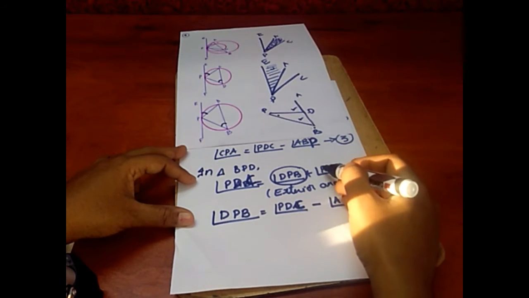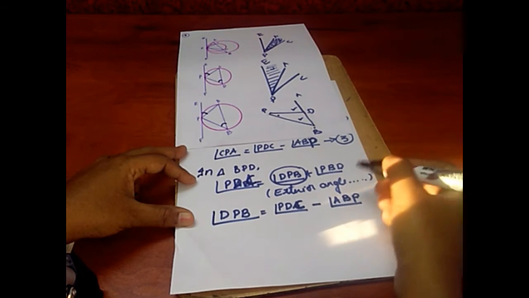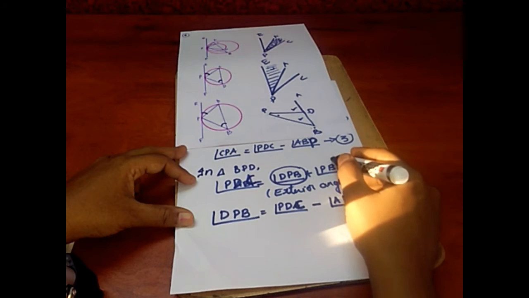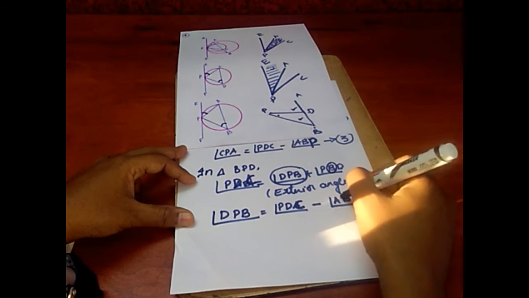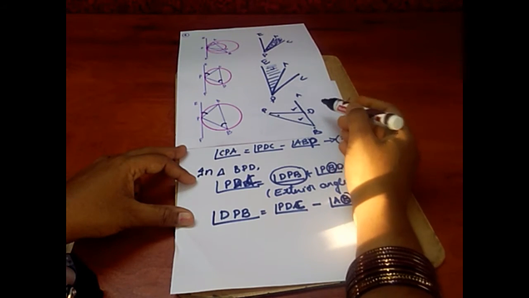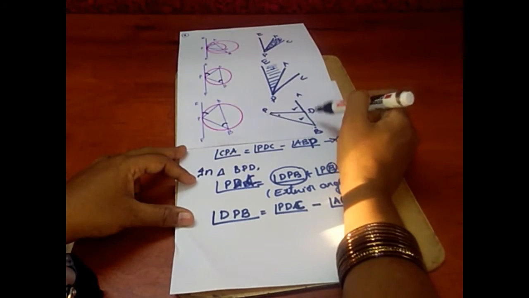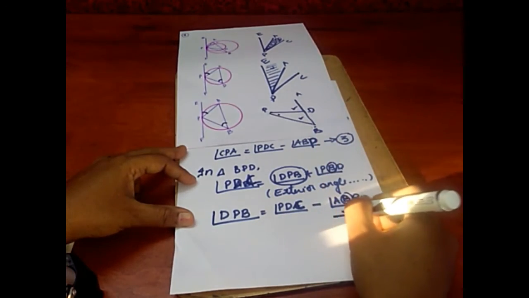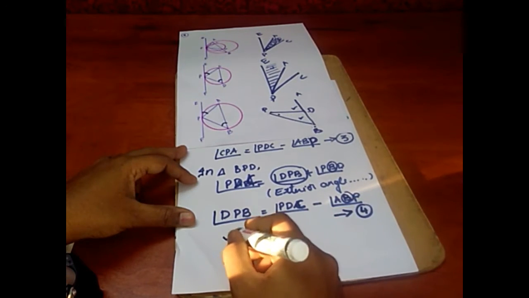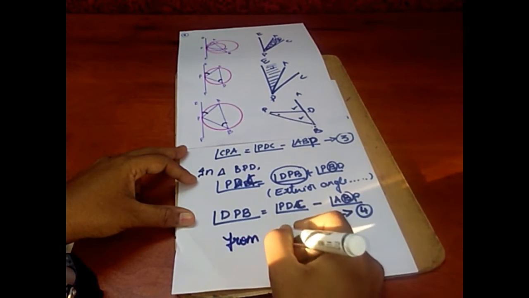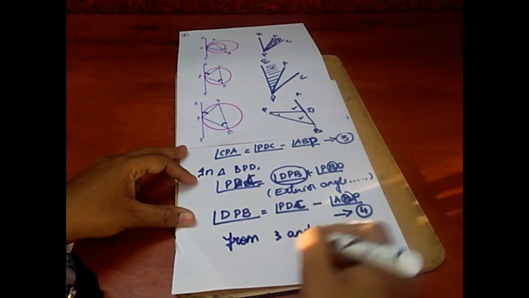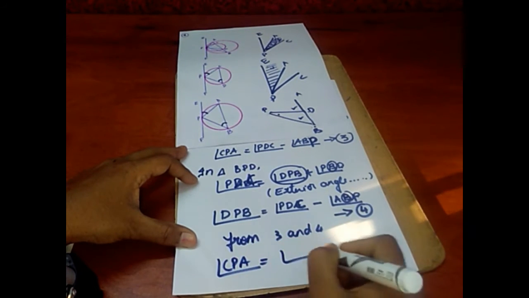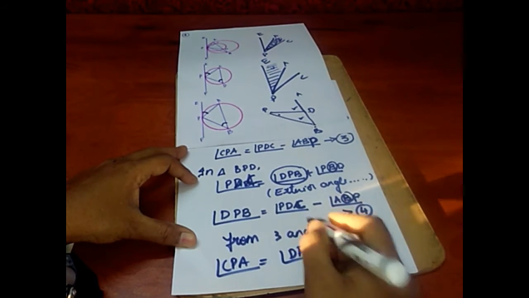Here we can say that PBD is nothing but ABP, as the angle is formed at the point B. As this line has D and A, PBD is the same as PBA. Just make a note of it. This is result number 4. So from 3 and 4, we can say that angle CPA is equal to angle DPB.